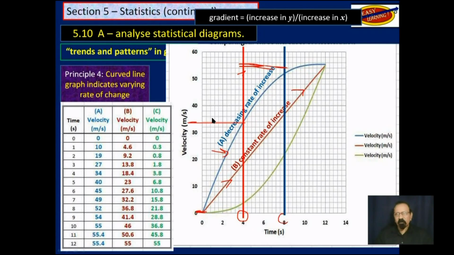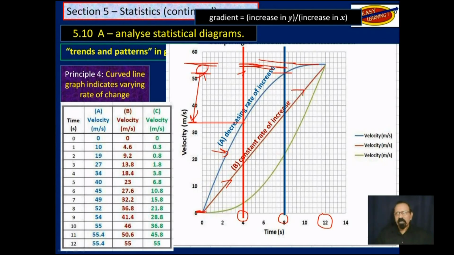And then in the next 4 seconds, you had this change, so not as much. And finally, in the last 4 seconds, you had only that little piece of change there.